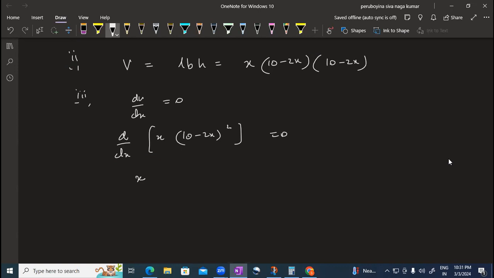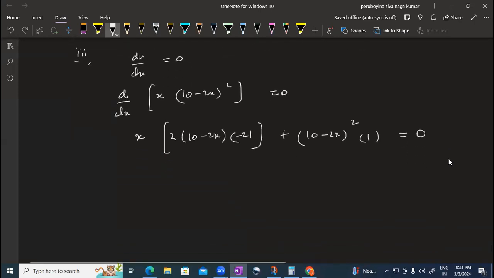So u v dash: v dash means 2 times (10 minus 2x) into minus 2, because the derivative of 10 minus 2x is minus 2. Plus v u dash: (10 minus 2x)², x derivative 1, is equal to 0. I used the u into v formula. This is u and this is v.